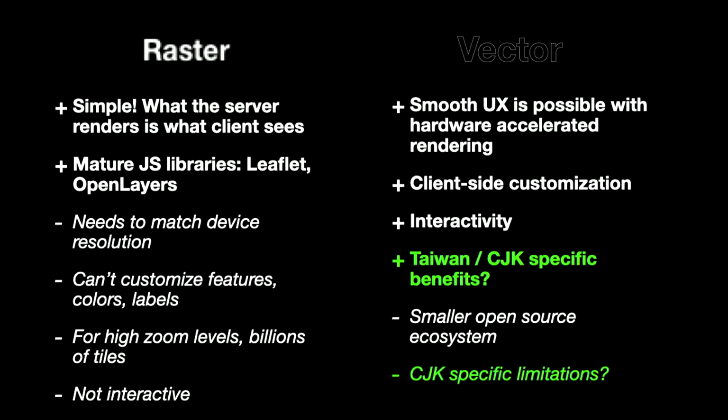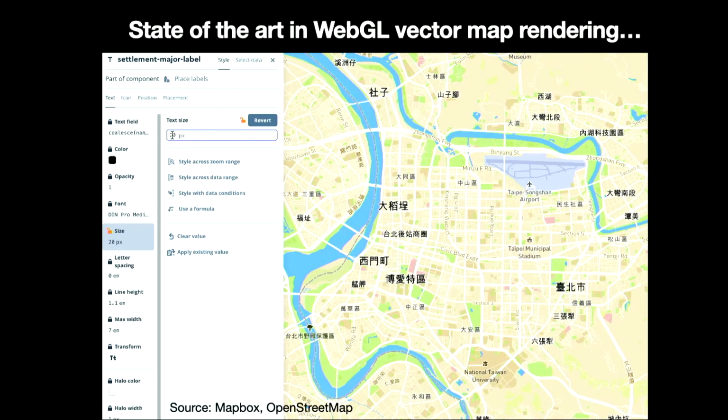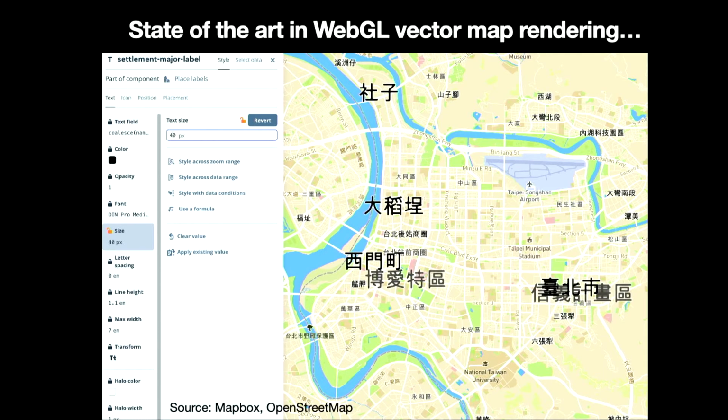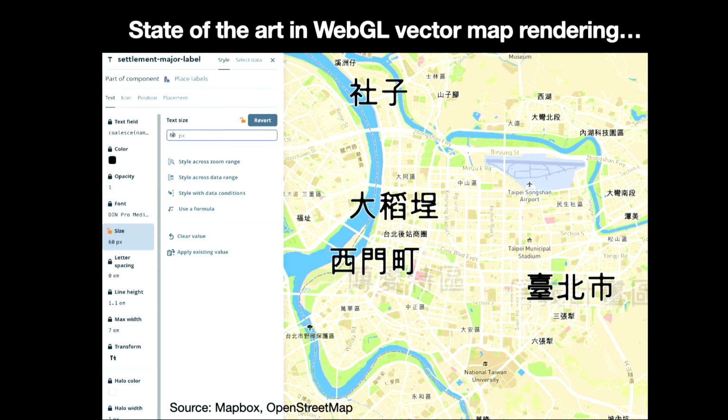So I think a lot of people have the impression that vector is the future and everything should just be vector. So I'm going to show you this, which is Mapbox Studio, the Mapbox commercial product. And what you'll notice, if you look closely, is that if you try to make the characters, in this case Chinese characters, very big, they will all become very, very round. I don't know if you've noticed this.